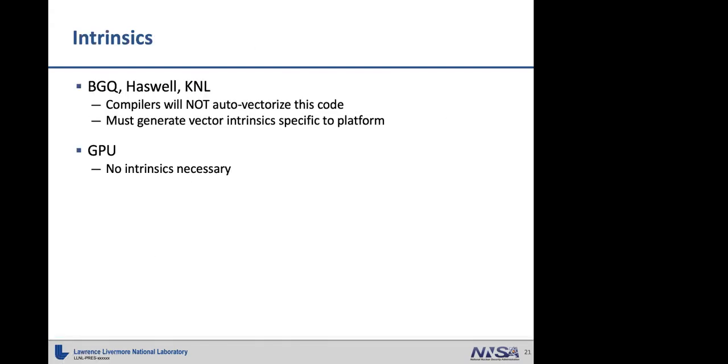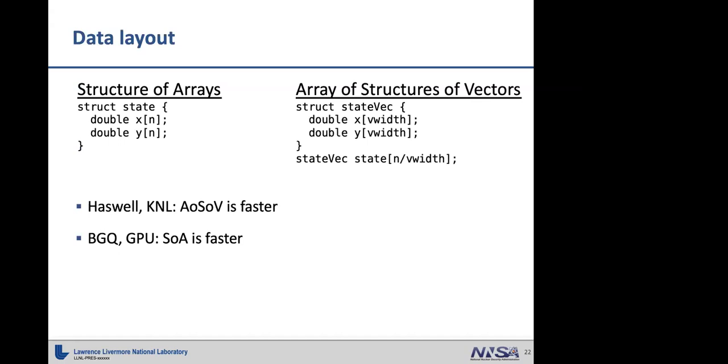And we have hard-coded intrinsics for various platforms, which we need for some systems and not others. This is the structure of arrays conversion. With structure of arrays, we say here's all of state variable 1, here's all of state variable 2, and n is the number of cells we have in the system.